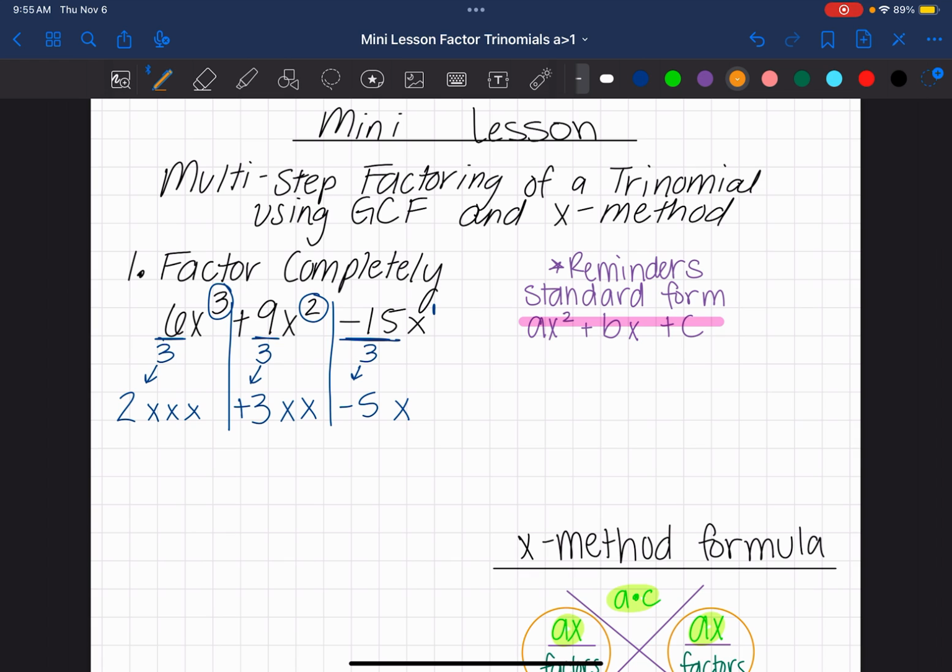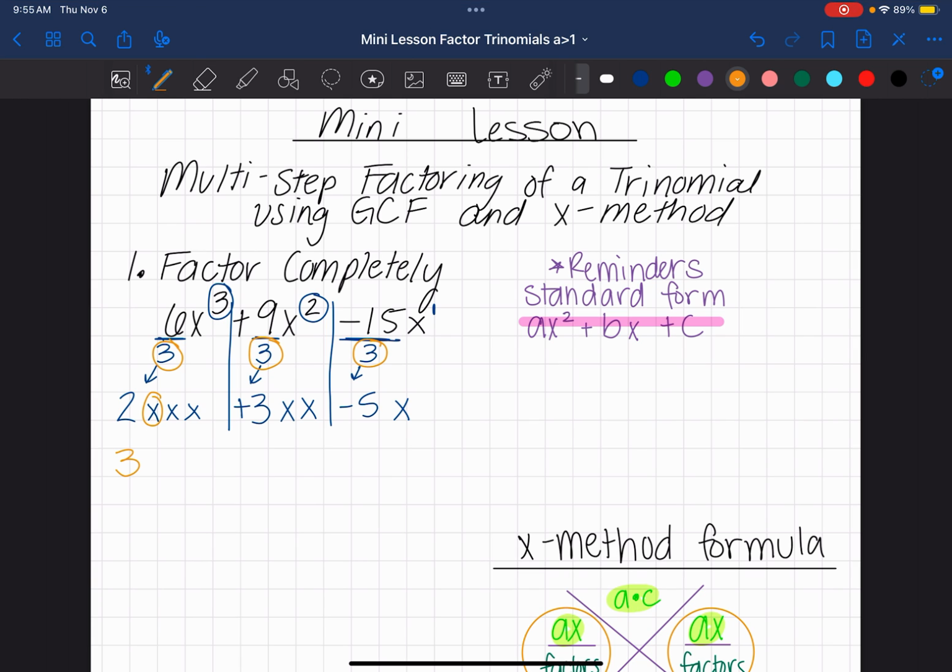Now, from here, we are going to circle what is in common in all 3 of these terms. All 3 of the terms must have the item that you are circling to be able to take it out as a GCF. The first thing we can circle is the number we divided by. So that 3 is the first thing I'm going to start with. And then I'm going to go ahead and rewrite that first. Then I'm going to look at the variables. Now, again, we must be able to circle the same item from all 3 terms.